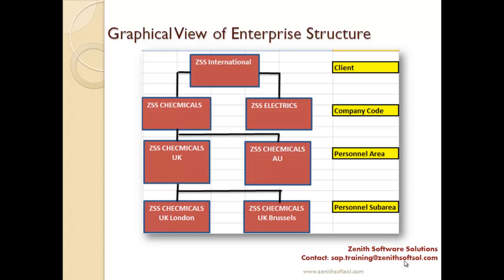It will be assigned to only one company code, because company code basically takes care of the profit and loss transactions. Ultimately the personal area which is assigned to that company code reports all these profit and loss transactions to the company code. So this was the enterprise structure.